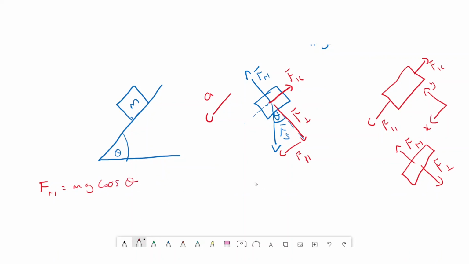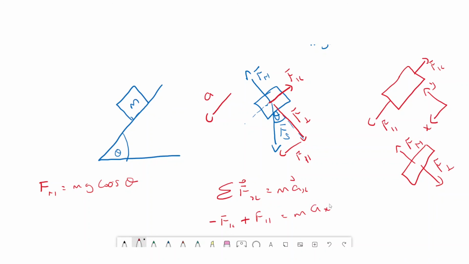Now let's say the sum of the forces in the x. The sum of the forces in the x is going to be equal to ma in the x. Those forces are going to be minus Fk plus F parallel. It's going to be ma. I'm assuming that a is going down that way.